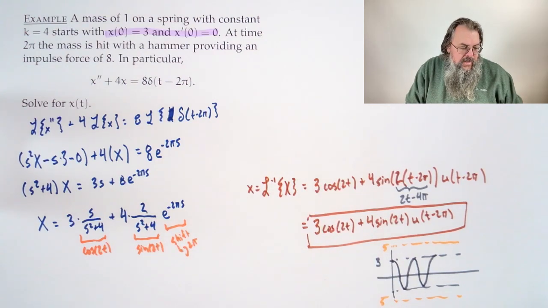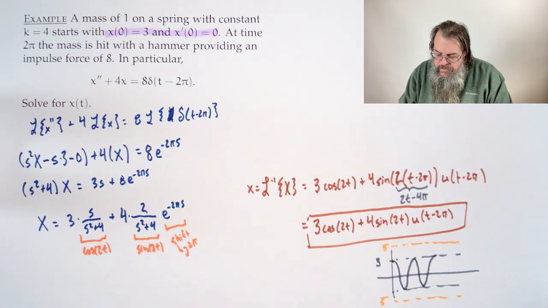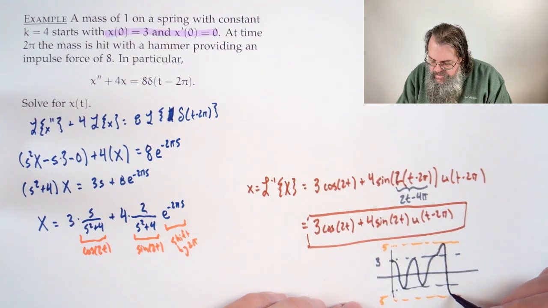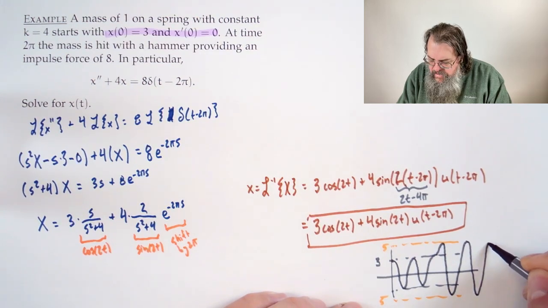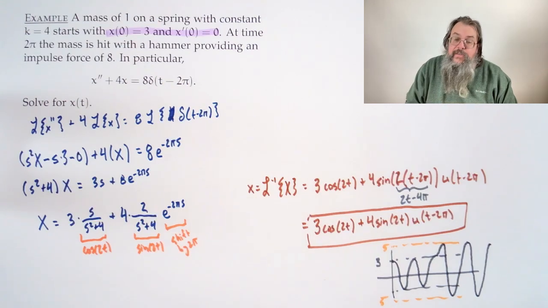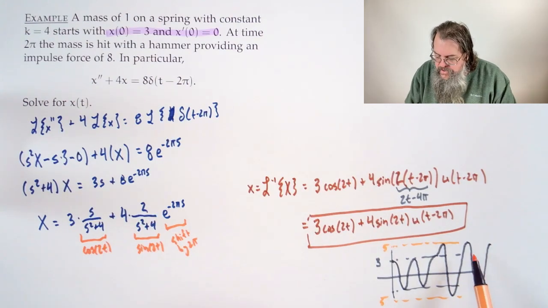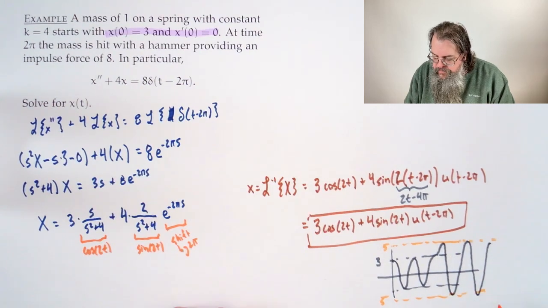And then it still has the same period. It's just going to have higher and lower oscillations. And so that's the picture of the behavior of the spring.